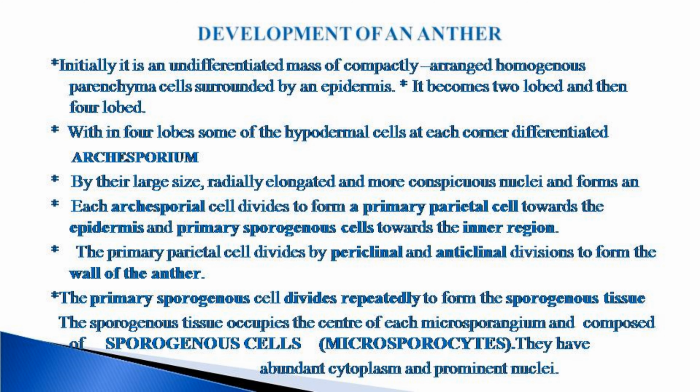That is how the cells are dividing initially, and how they are forming a two-lobed to four-lobed structure, how the archisporium is formed, after that how the primary parietal cells are dividing, how the sporogenous cells are dividing and forming the sporogenous tissues, sporogenous cells, that is the microsporocytes, and how the anther is forming its wall, how it is becoming layered.